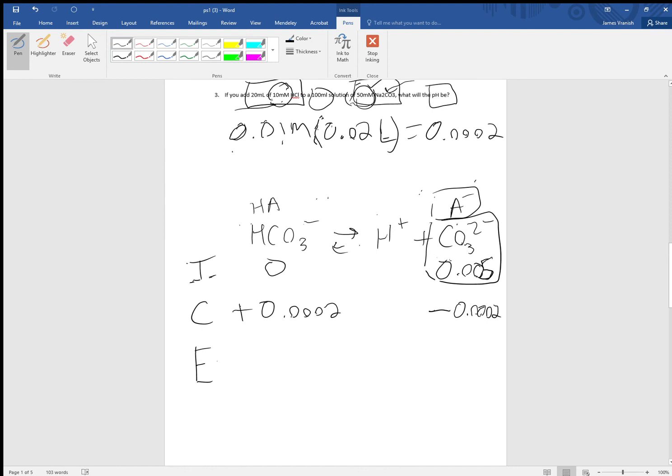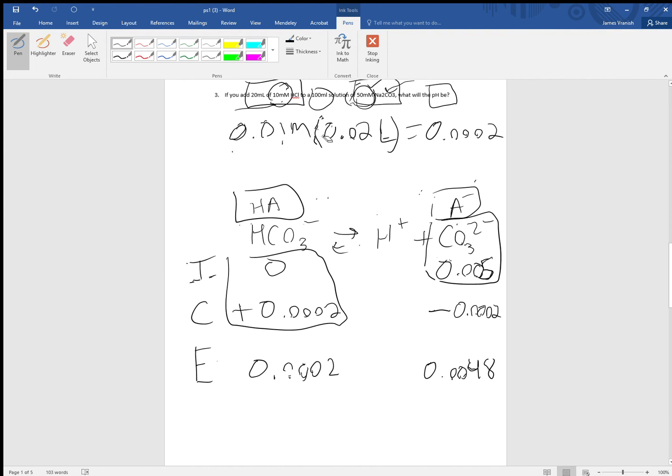Now we can solve for the equilibrium amounts just by adding these together. So we get 0.0002 moles of bicarbonate, which is our HA, and we have 0.0048 moles of our carbonate.